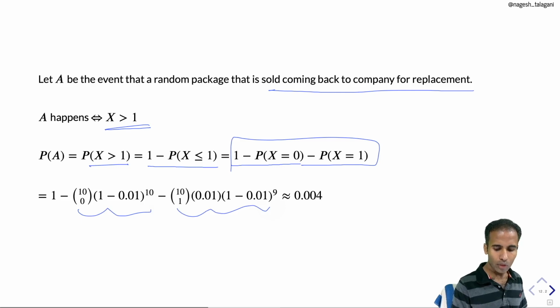Okay. So this whole thing gets simplified to 0.004. So only 0.4% of the packages sold come back to the company for replacement. Okay. Fine. Next.